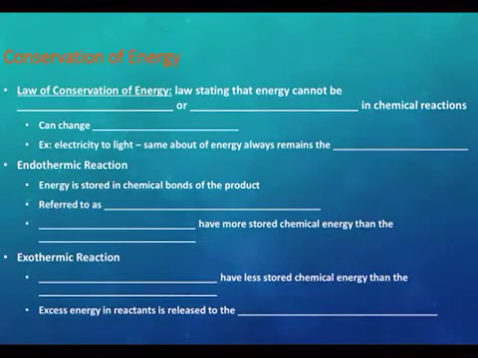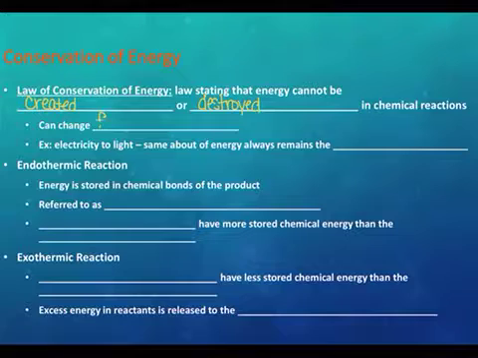So regardless of endothermic or exothermic, energy must be conserved. And this is the law of conservation of energy, which says that energy cannot be created or destroyed in a chemical reaction.